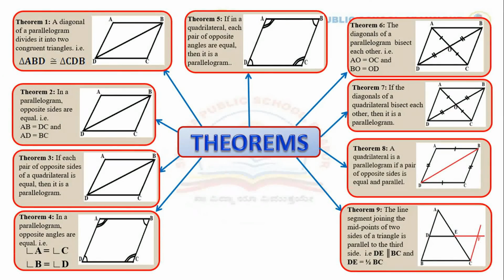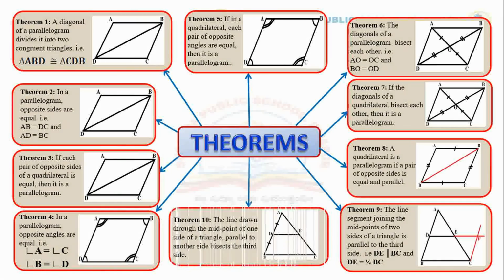Theorem 9. A line segment joining the midpoints of two sides of a triangle is parallel to the third side. That is, DE is parallel to BC and DE is half of BC. This is also called the midpoint theorem. Theorem 10. A line drawn through the midpoint of one side of a triangle parallel to another side bisects the third side.